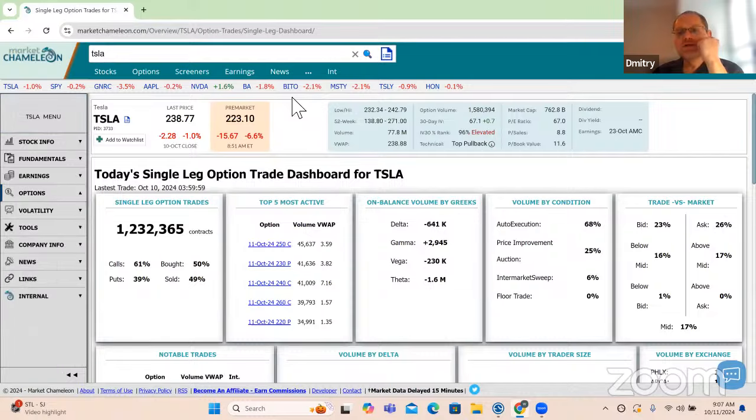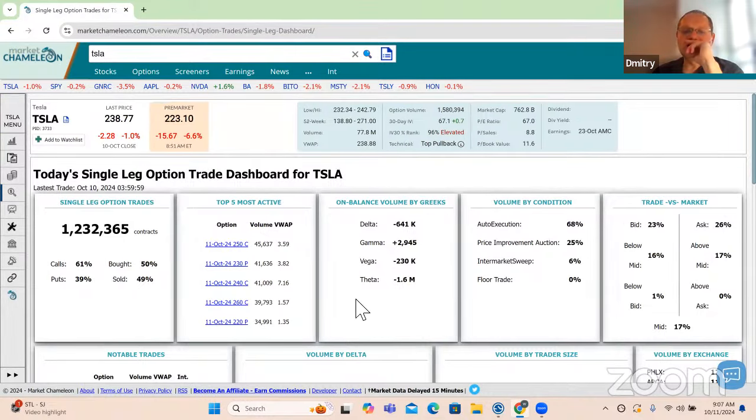What this is looking at is the single leg option trades we're reviewing. It's isolating those single leg trades and then performing an analysis from different perspectives. So it's looking at the calls, the puts, and those that are not involved in a multi-leg or contingent trade on the trade tape.